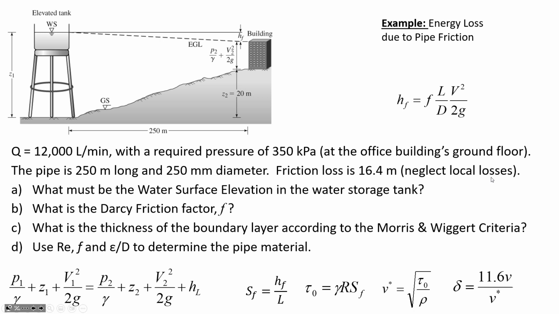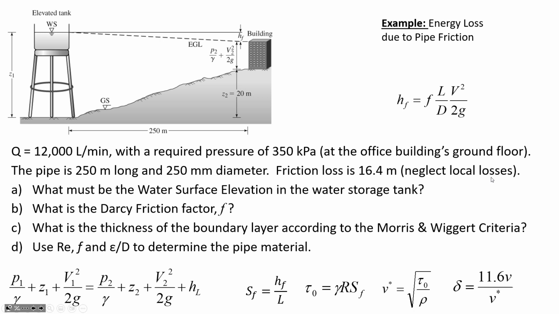Now there's no pump, so I'm not even going to write the pump head term. It is equal to the pressure head at 2, the elevation at 2, the velocity head at 2, and then the head loss due to pipe friction.